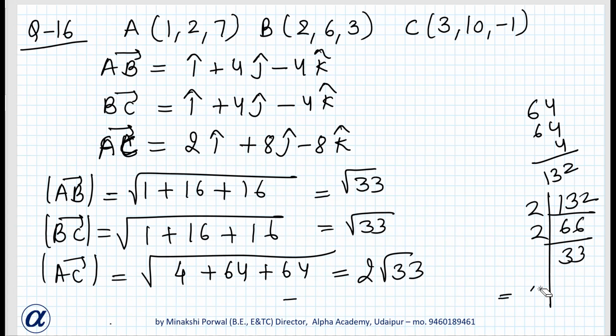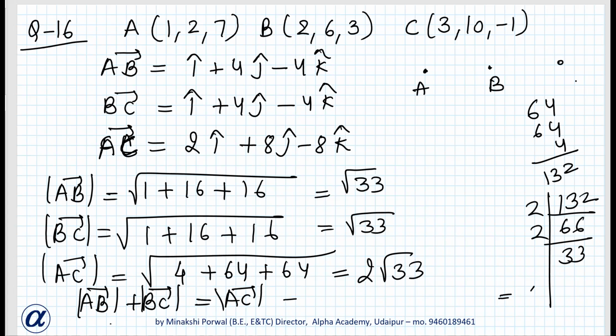So if they are collinear, AB plus BC equals AC. Collinear means all 3 points are lying on the same line, A, B and C. So AB plus BC equals AC. Root 33 plus root 33 is 2 root 33. So hence proved.